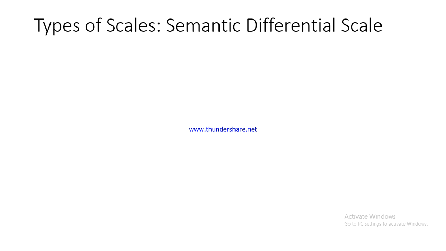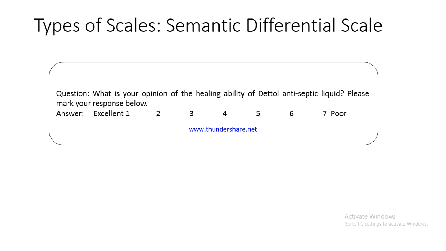Let's talk of a slightly different kind of a scale, which is called the semantic differential scale. We have come across this word in business communication also, wherein we had a discussion on semantic barriers, and you know that semantic means language related. So what is the meaning of semantic differential scale? This example will clarify this. The question is almost phrased in a similar fashion, slightly different.